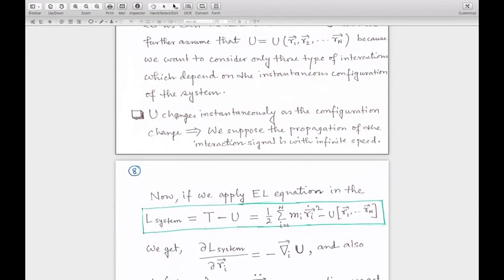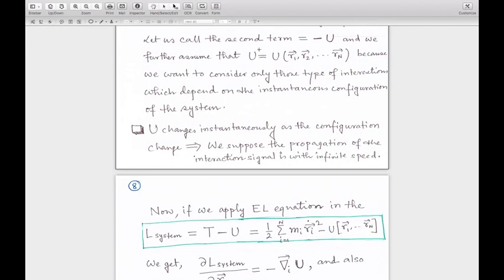Now U changes instantaneously as the configuration changes, right? That is very easy to understand from this form. It simply says that whenever the configuration changes, the signal or the information about the new configuration is propagating with infinite speed.